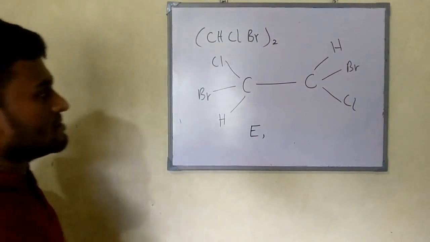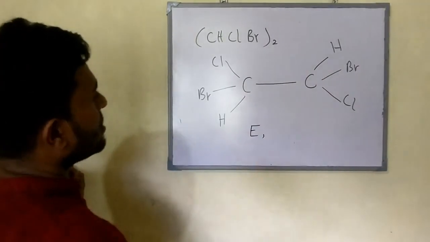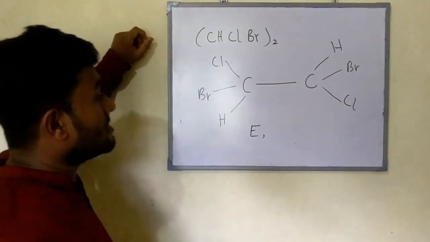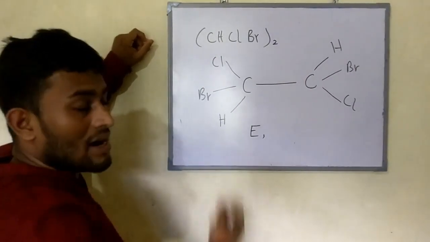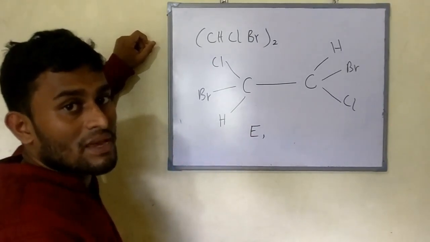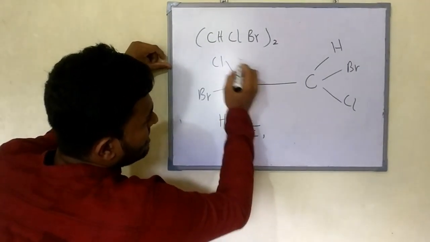E is possible for every molecule, and if you rotate the molecule, I explained earlier also, this is a tetrahedral structure, so you can't take such a rotation axis because everything will be different. But here you can see the inversion.